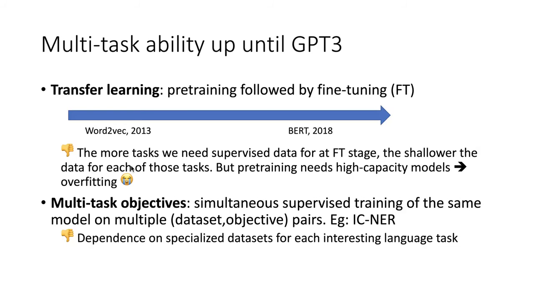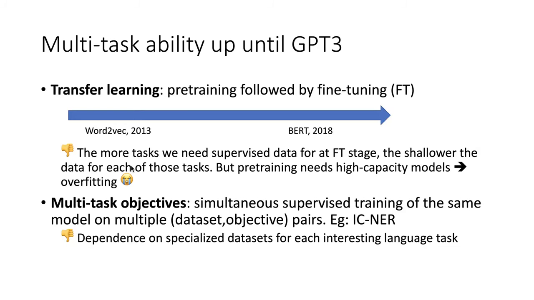The second strategy is using multitask objectives to try to have a more general architecture. The big problem is that you're then dependent on having multiple pairs of dataset and objective.